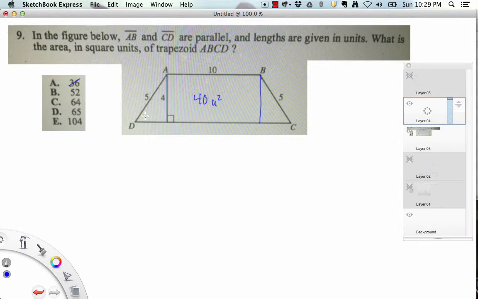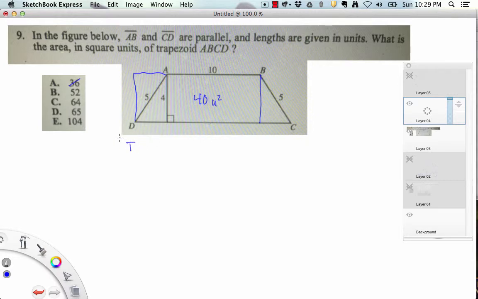Okay, and then I've got these two triangles. So I can think about them kind of fitting together to make a rectangle. It's 4 tall, and I just need to know the width. Or I could find them each separately using the triangle formula, right?